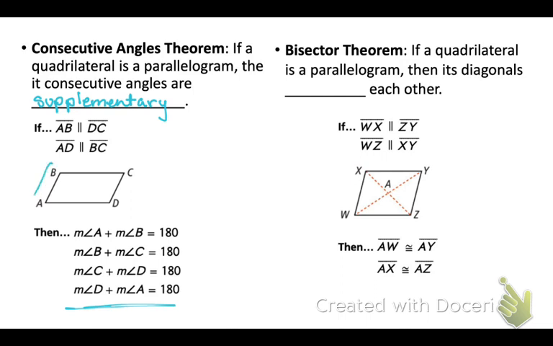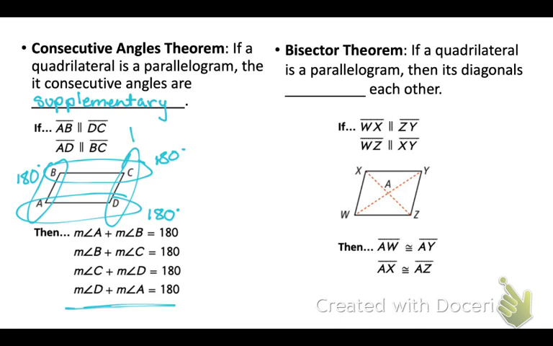Okay, so AB, the sum is what? 180. BC, what's the sum? 180. What's AD? 180. And what's CD? 180. So could that be helpful in the grand scheme of everything?